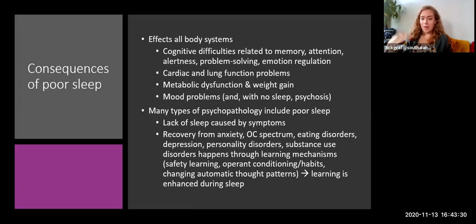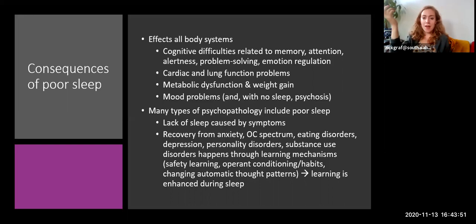Recovery from anxiety, OCD, eating disorders, depression, personality disorders, substance use disorders, it all happens through learning processes. So recovery from anxiety and OCD happens through safety learning. Recovery from OCD and substance use happens through operant conditioning, where we basically change our habits and change our patterns of behavioral responses to stimuli.